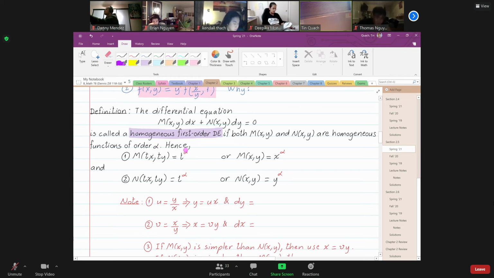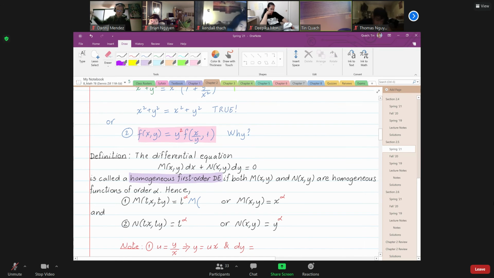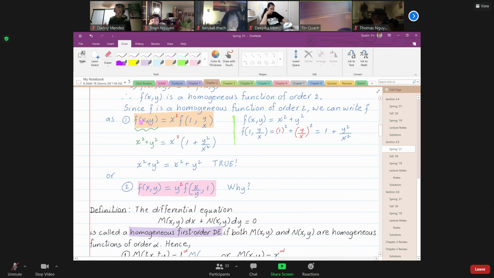If it is a homogeneous function of order alpha, then this function can be written as t to the alpha times M. That means you factor out the t to the alpha, so this one is divided by t, this one divided by t. See right here, this is a homogeneous function.